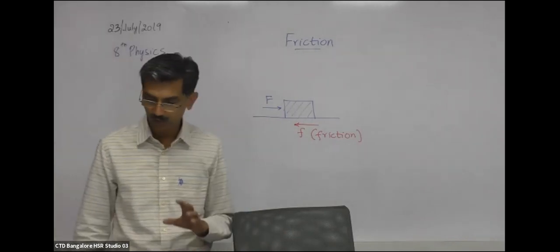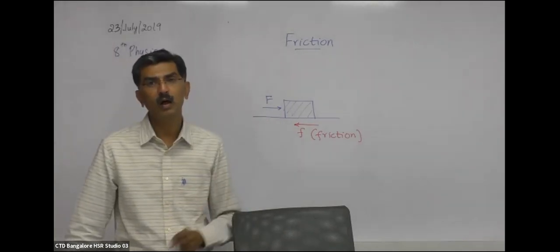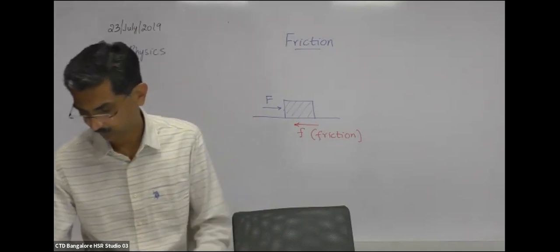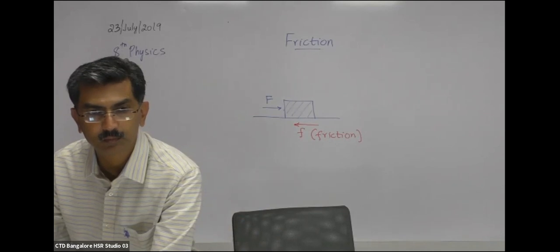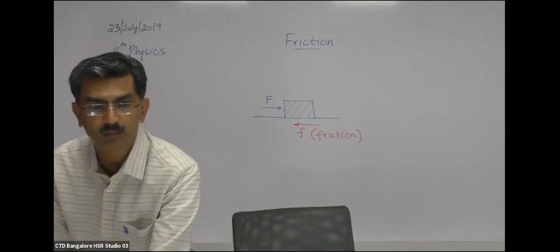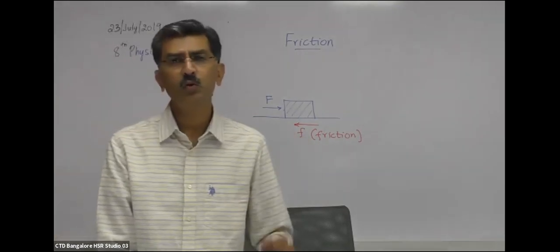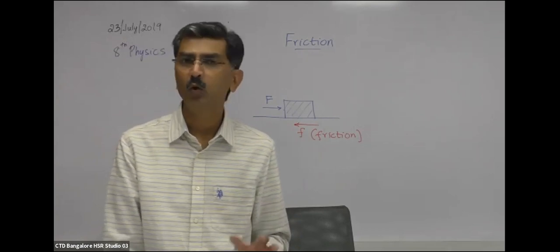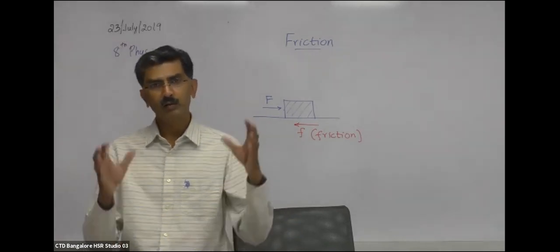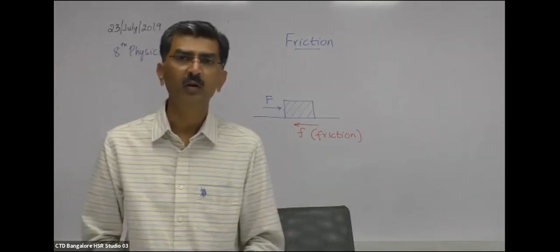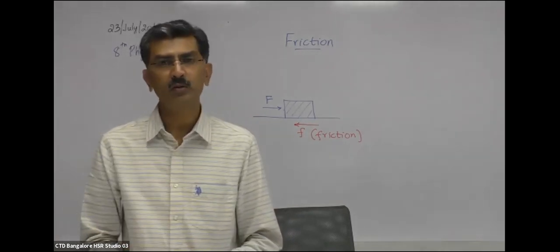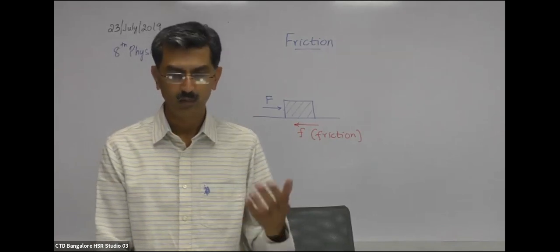Now let us look at something new about friction. So let me show you a couple of pictures now. I want you to think about it and tell me what you see, what you observe. Anything that you can think of about this picture, you can let me know.